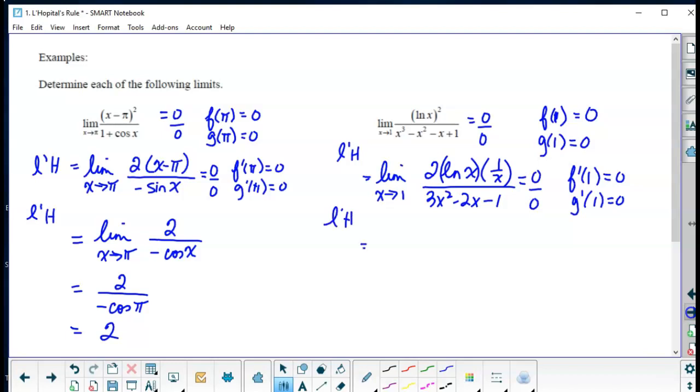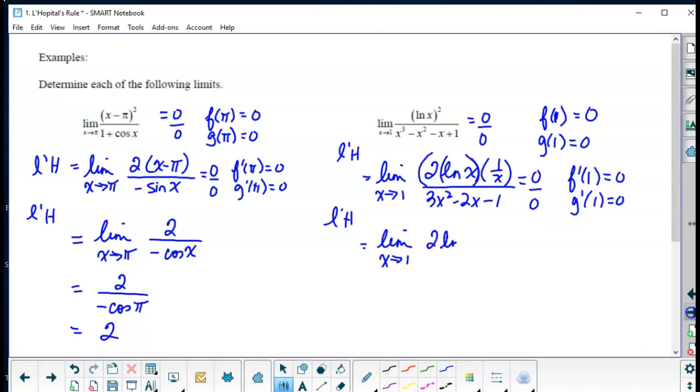All right, so I'm actually going to show this, keep it as 2 ln x together, okay, and then product rule.